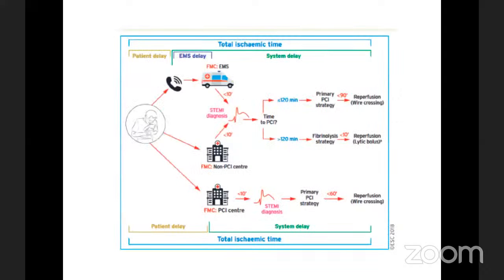So this slide from the 2018 European guidelines shows the total ischemic time of the patient diagnosed with STEMI at a non-PCI center. If the anticipated time from diagnosis to arrival at the PCI center is more than 2 hours, the patient should receive fibrinolytic therapy within 10 minutes.